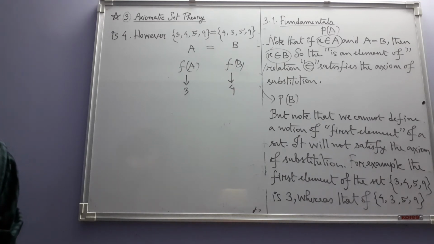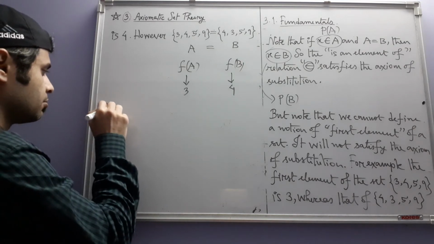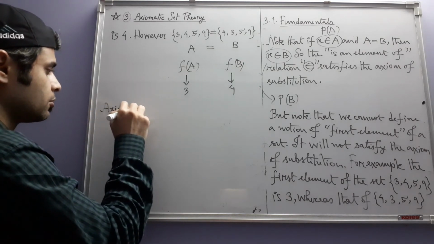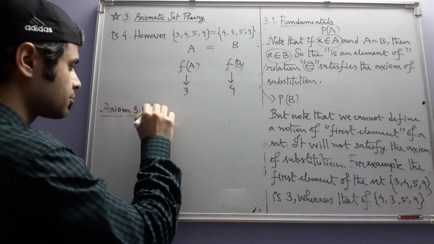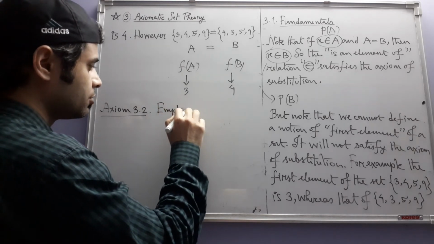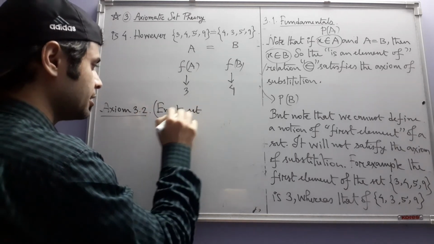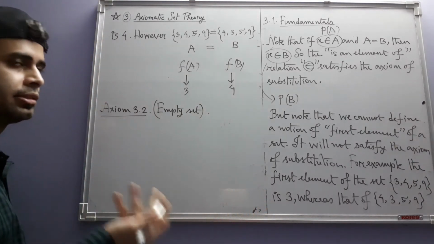We now come to the next axiom, Axiom 3.2. This is very easy. It's called the axiom of empty set. The axiom is simply this, that there is an empty set.